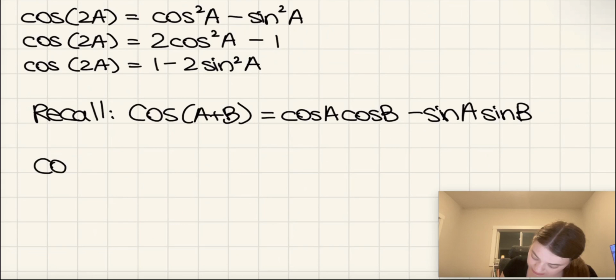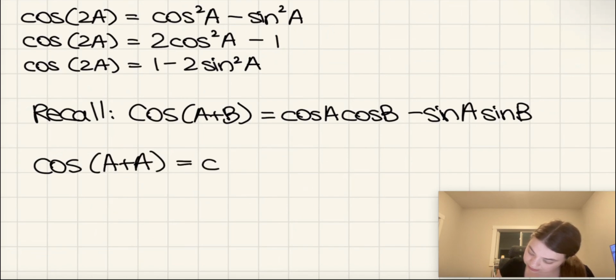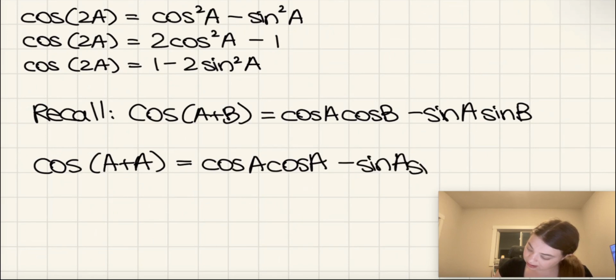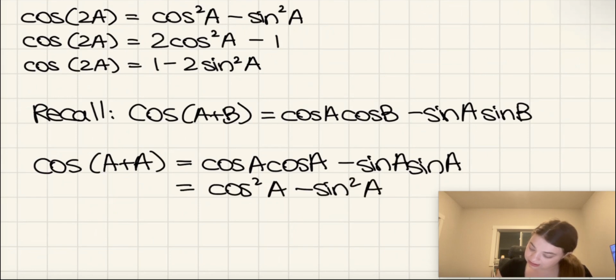So cosine of A plus A, based on this formula, would be cosine A cosine A minus sine A sine A. And that means cosine squared A minus sine squared A is equal to cosine of A plus A, which I should mention is just the same as cosine 2A.